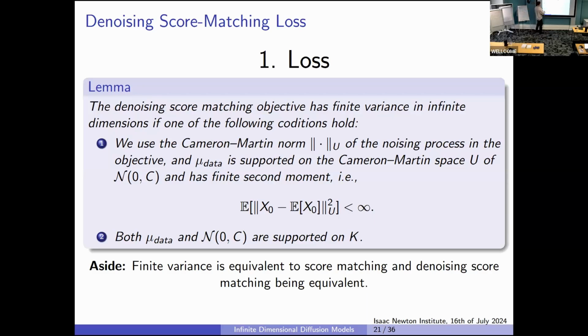But basically, the second condition, thank you, is that mu data and N0C are both supported on K. So in the first case, I say that mu data is here and I'm adding rougher noise, but I can use a quite strong norm in the loss. And in the second case, I don't say anything about this, but the loss norm that we're using is much weaker.